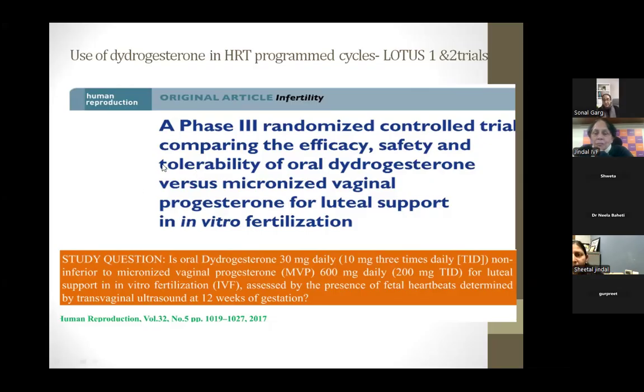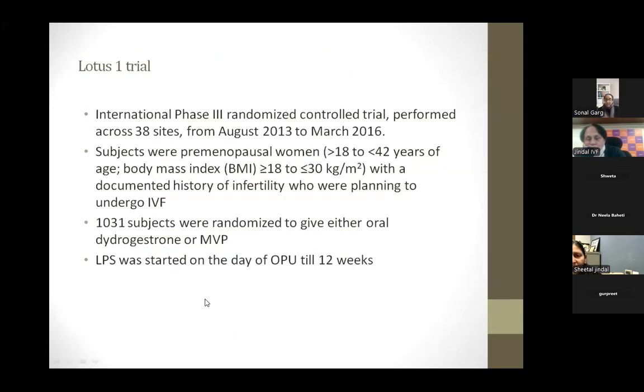Now, about dydrogesterone, the drug which we all know in the form of Dufestin. It is also used in HRT cycles, and we had the Lotus 1 and Lotus 2 trials. Dydrogesterone initially came with phase 3 randomized control trials, which compared 30 milligram of dydrogesterone with micronized vaginal progesterone 600 milligram for luteal phase support.